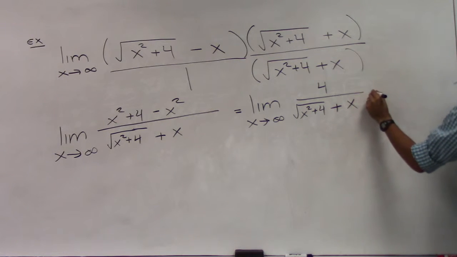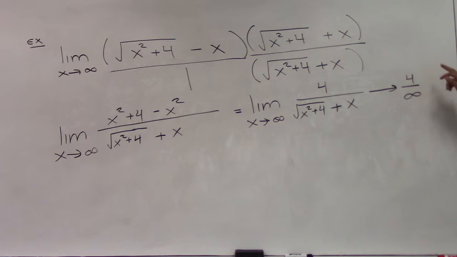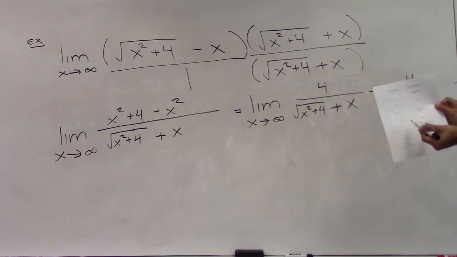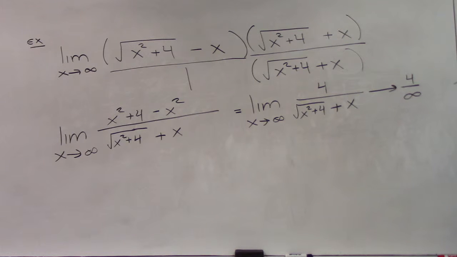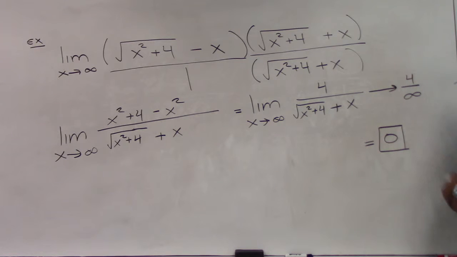And now that goes to 4 over infinity. And anytime you have a fixed number over something that becomes infinite, that's even on your sheet, right? Anytime you have fixed over infinity, that goes to 0. So this limit goes to 0. So in this particular case, infinity minus infinity was 0. But every limit will be different. Our conclusion is not that infinity minus infinity is 0.